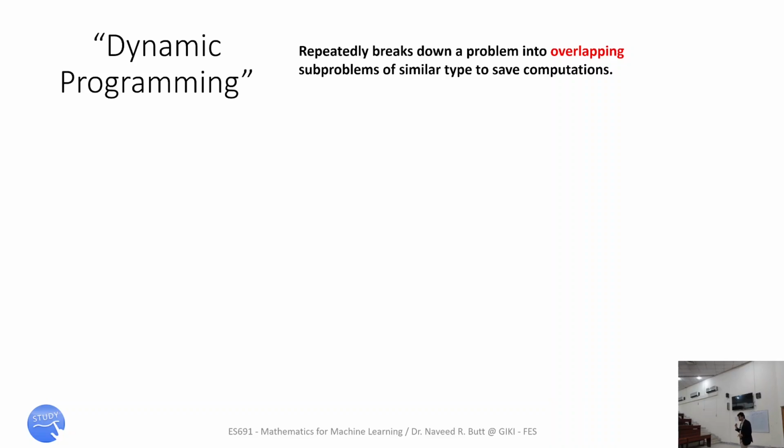Now remember this, it may not always be possible to find overlapping sub-problems. If they don't exist in your task, then you cannot use this. But if they do exist and you're not using this overlapping structure to save computation, then you're wasting a lot of computational effort. So always try to find a structure in the problem which can help you.